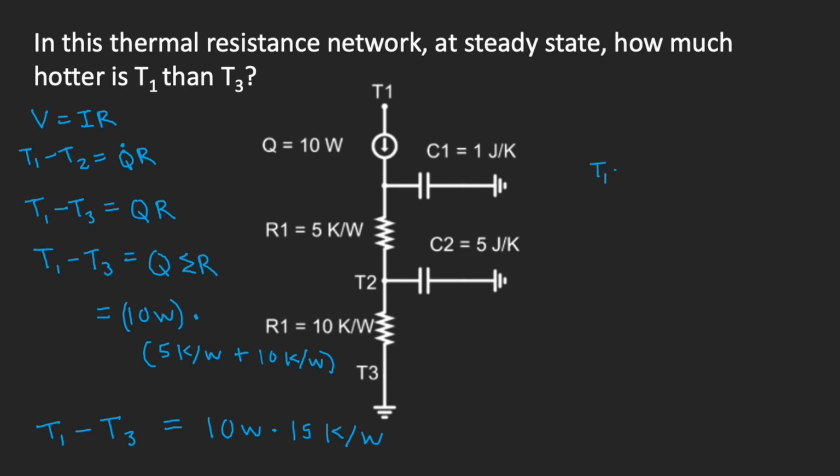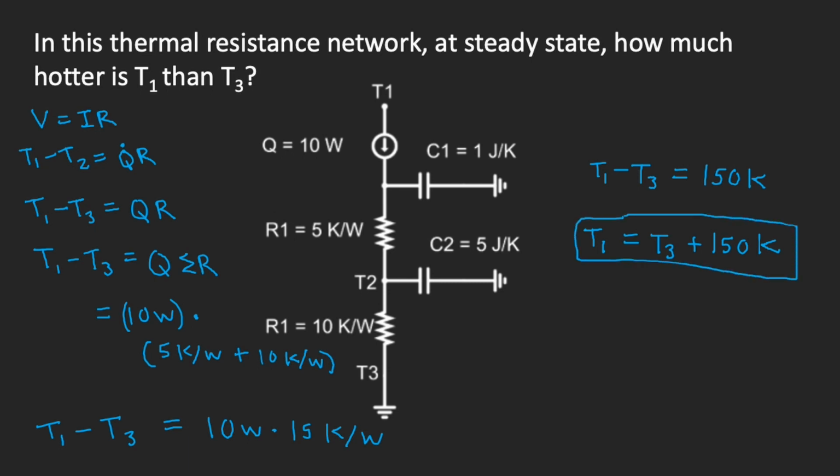So T1 minus T3, our temperature gradient, is equal to 10 watts times 5 Kelvin per watt plus 10 Kelvin per watt. Or temperature 1 minus temperature 3 is equal to 150 Kelvin. So T1 is equal to T3 plus 150 Kelvin. Now, I should have said this earlier, but it's important to note that because this circuit is at steady state, the capacitors are acting as opens, meaning we can essentially ignore them.